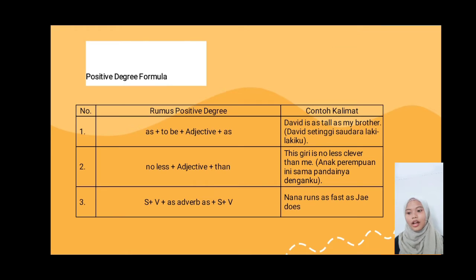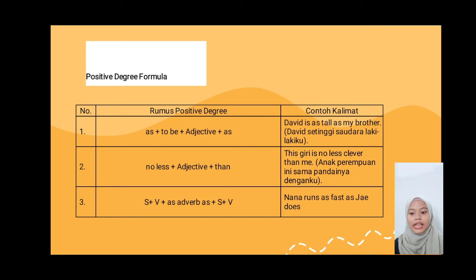And then there are positive degree formulas. For one, S plus to be plus as plus adjective plus as. Example sentence: David is as tall as my brother. The next positive degree formula is no less plus adjective plus than.